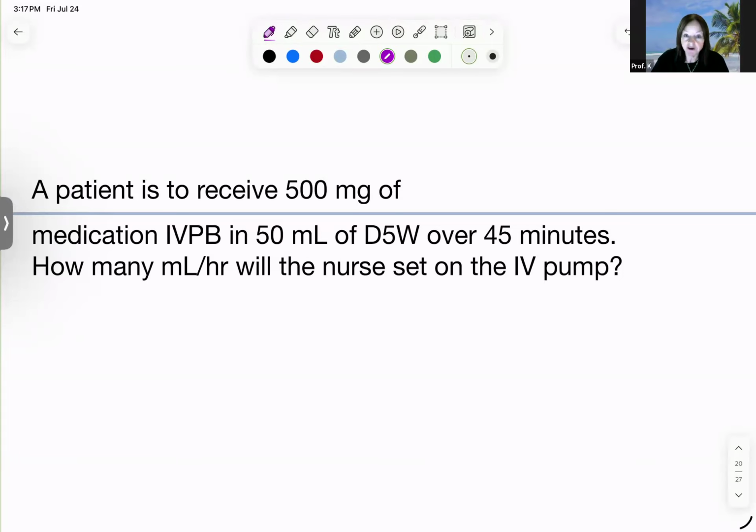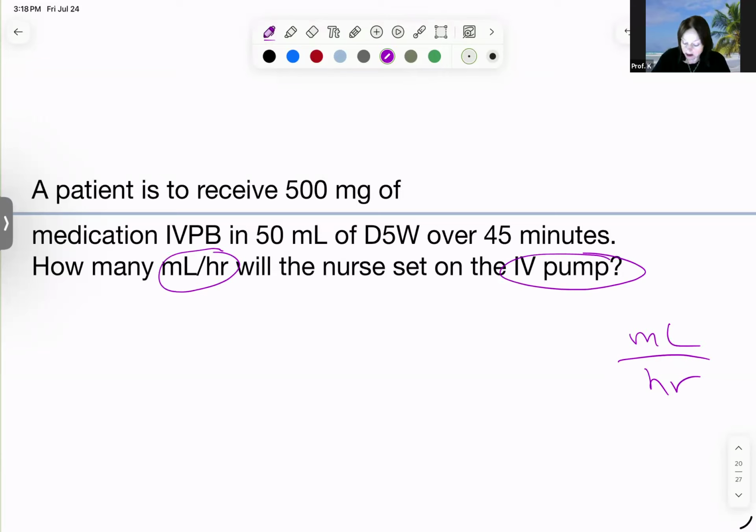A patient is to receive 500 milligrams of a medication IV piggyback, and it's just a smaller bag, a 50 milliliter bag. You're going to give that 50 milliliters over 45 minutes. How many milliliters an hour will the nurse set on the IV pump? This is telling you what you're solving for: how many milliliters an hour, because you're using a pump. So it's asking you about the flow rate, the infusion rate.